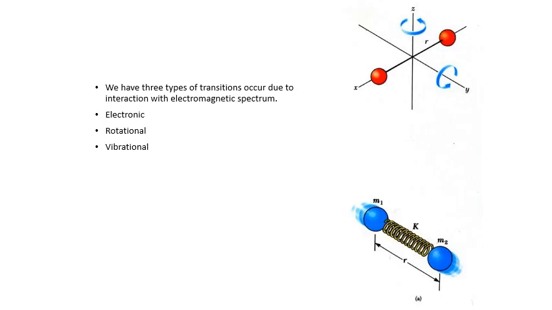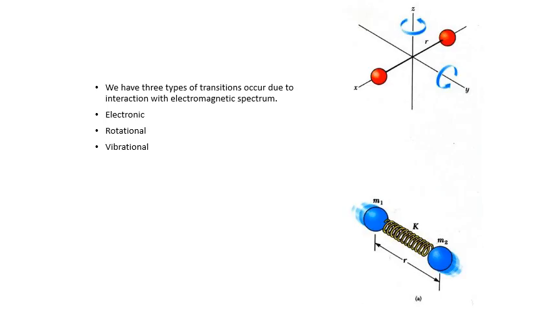In diatomic molecules, three types of transitions occur due to interaction with electromagnetic radiation: electronic, rotational, and vibrational. Why electronic? Because the diatomic molecule is made up of atoms, and atoms consist of electrons.